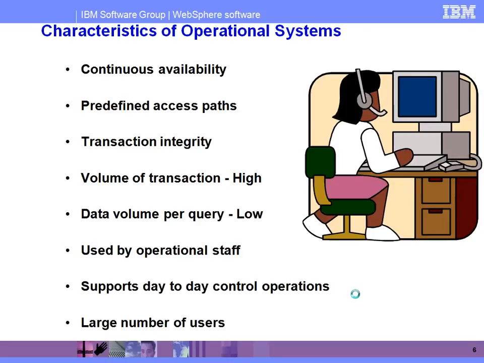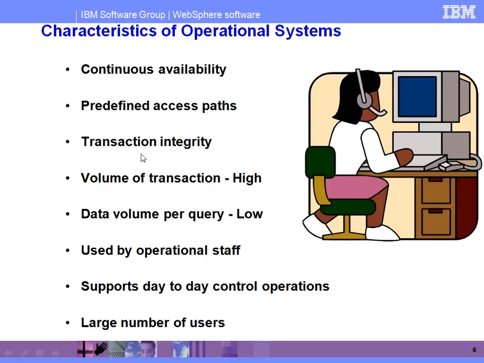Then only I can do the transfers and everything. Right? That is the data available in operational systems. If you want to process this operational systems data, we have a predefined access path.